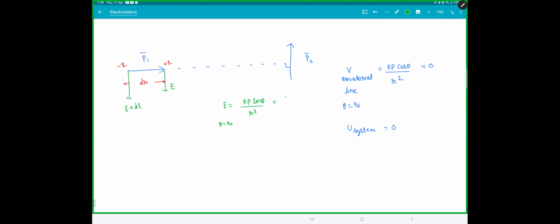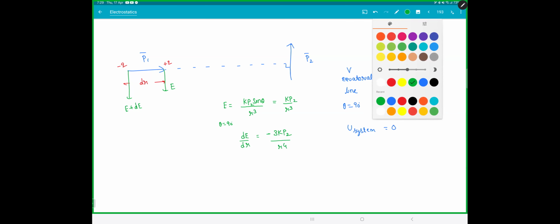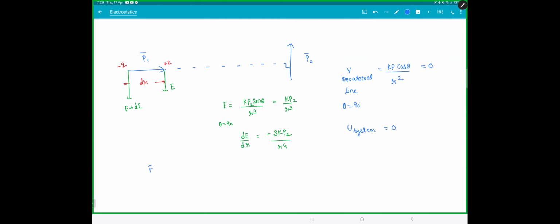So this becomes Kp by r cube, the tangential component. So dE by dr will be minus 3Kp2 by r power 4. So we use this method to get the force. You can't differentiate the potential energy part. It is always 0 there. So this thing will be force.